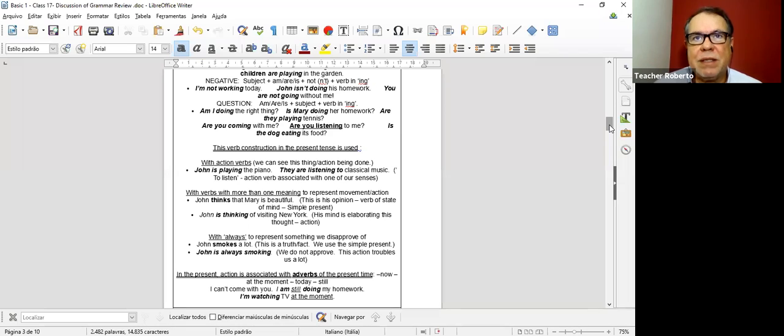John is always smoking. This is not very good because it is an action that happens with a certain frequency. And that's the present, not the present continuous. Okay? Understand this? So avoid, don't use always with the present continuous. Use it now. If you want to say always, you can use with the simple present, simple past, and other tenses. Okay?